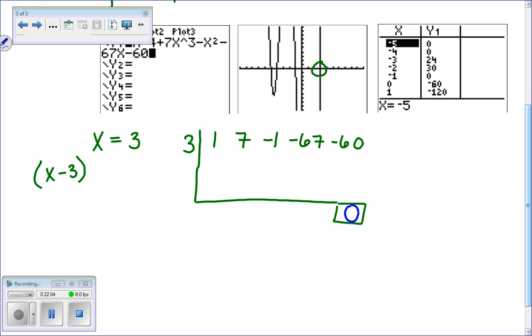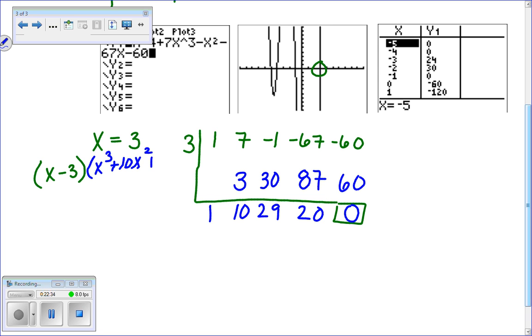Okay, so first step, drop down your 1. 3 times 1 is 3. 7 plus 3 is 10. 10 times 3, 30. We get 29. 87. 90. 30, and we got 0. So right now, we can take x minus 3 times x cubed plus 10x squared plus 29x plus 30, and that will yield our original.